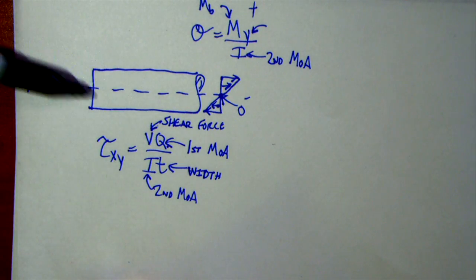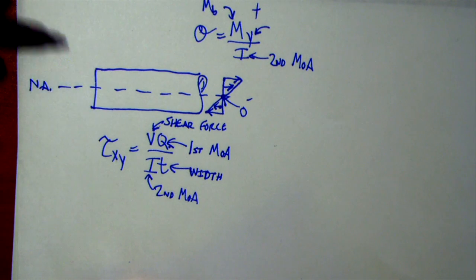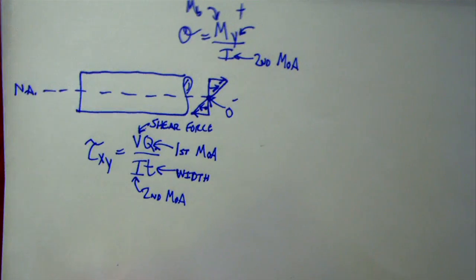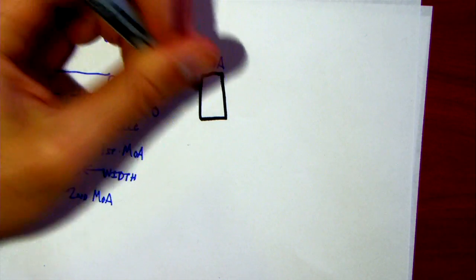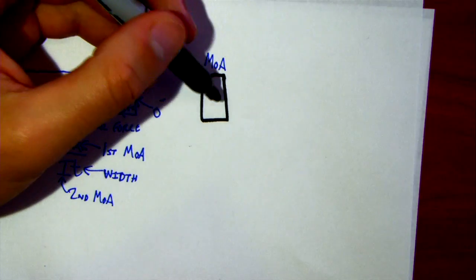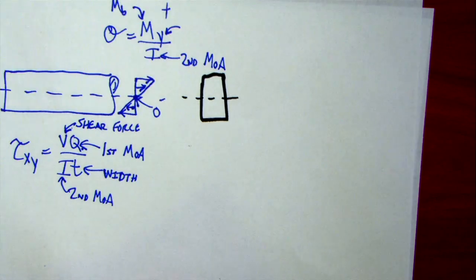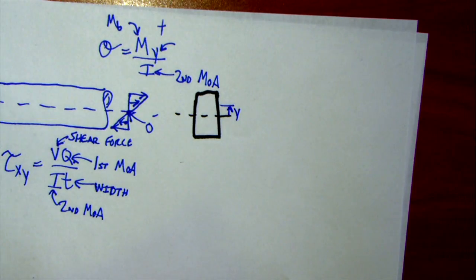So if you remember, this is my beam, and say that it's in bending, so there's some shear force acting on it. And I looked at the cross section in here that I've cut. So here's my section, there's my neutral axis, and say I'm looking at stress at some distance y from the neutral axis.